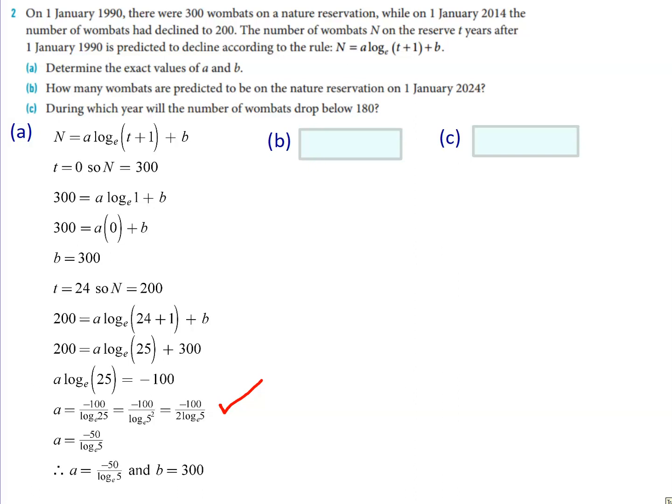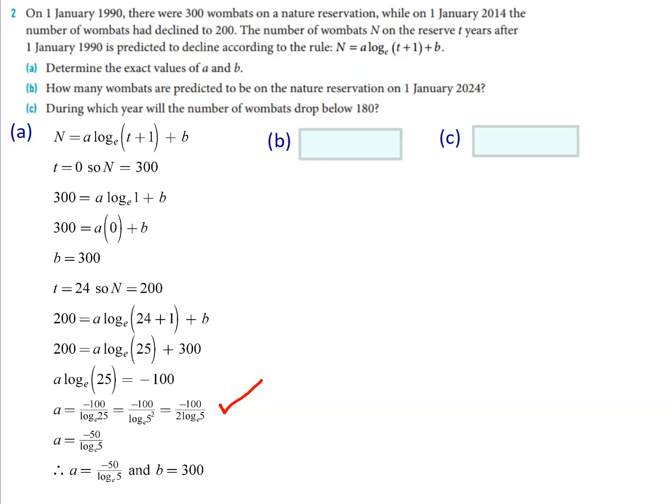Now I haven't actually done solutions for parts b and c, so if you really want me to do those for you, just flick me an email and I can make a video out of those. But what I'd like you to do right now is to stop the video, read the question, how many wombats are predicted to be on the nature reserve on the 1st of January 2024, and see if you can use the information we've worked out to answer that.